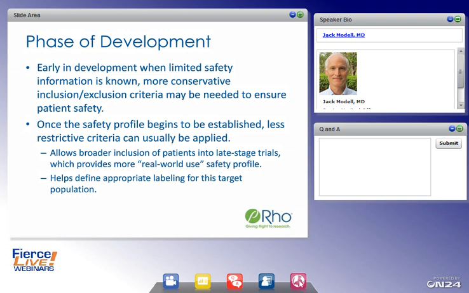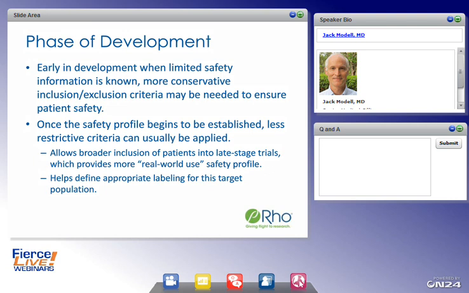Now, there was a time, I hope it was in the past, when a lot of pharmaceutical companies might have known or suspected that a product might not work as well in a particular population, and they intentionally excluded them, saying, well, we just wanted a particular population because that's where it's going to have the best effect.